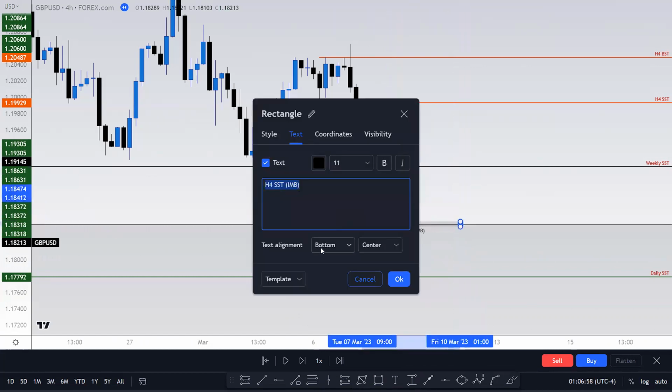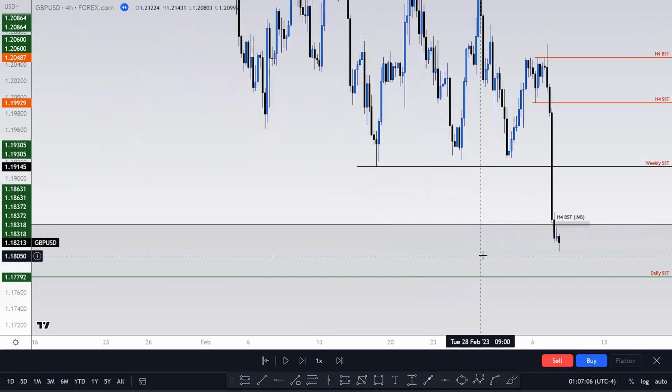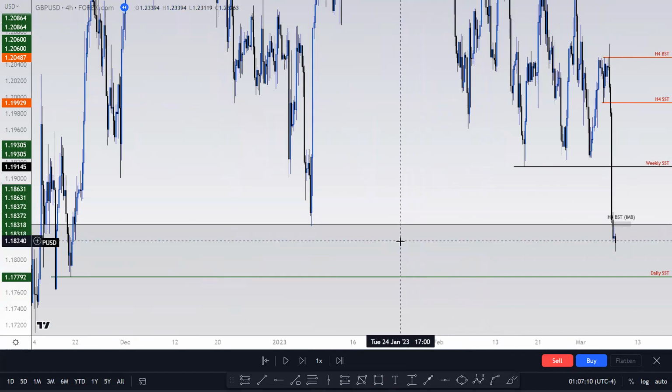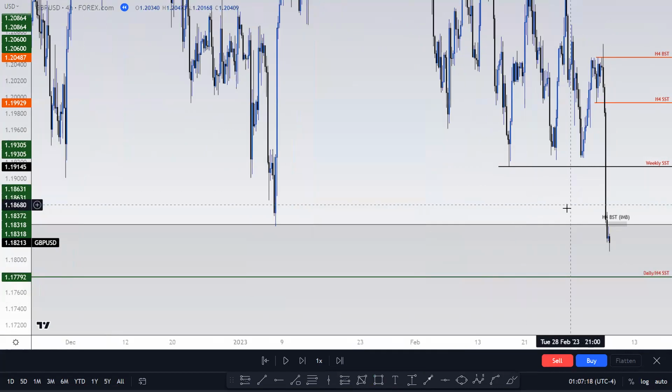All right, so I'm just going to label this H4 BST. And the next draw on sell side liquidity is going to be the same low that the daily low is on. So I'm just going to update this as daily slash H4 sell side target.